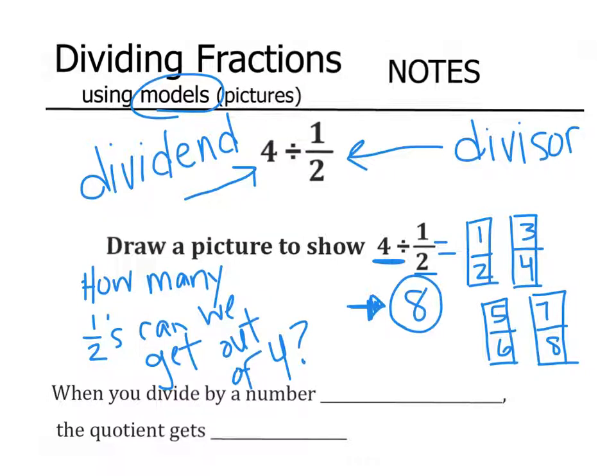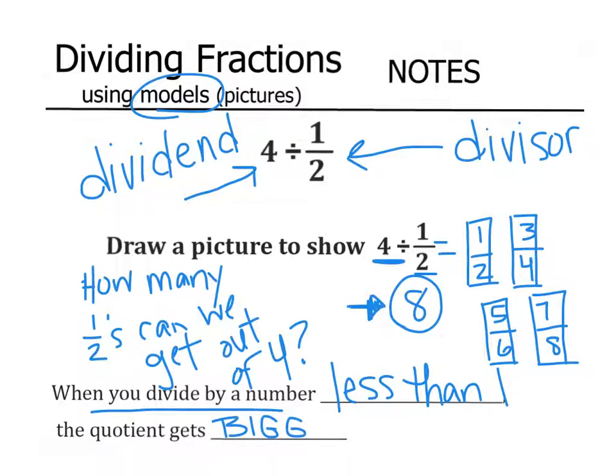Anytime you divide by a number that's less than 1, whether it be a fraction or a decimal, the quotient will always get bigger. When you divide by a number that is less than 1, the quotient gets bigger.